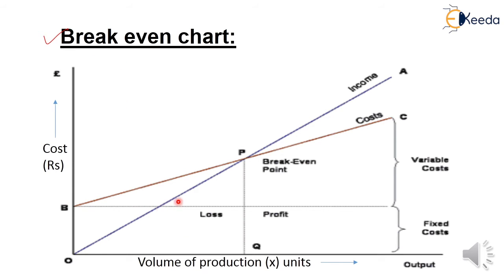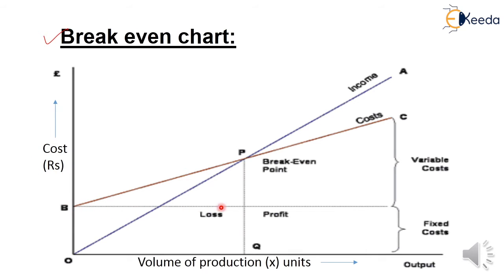So look at the figure please. On the x axis I represent the volume of production, in terms of units. On the y axis I represent the cost in rupees.